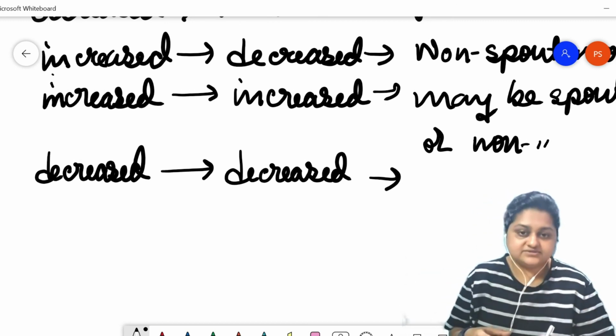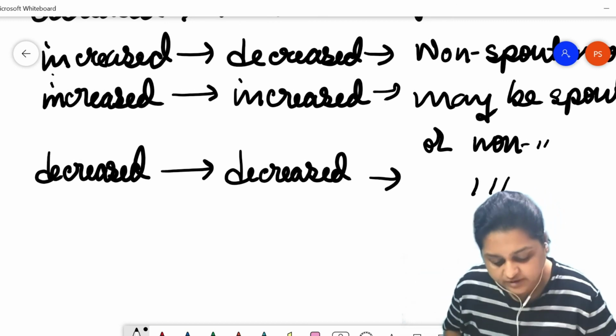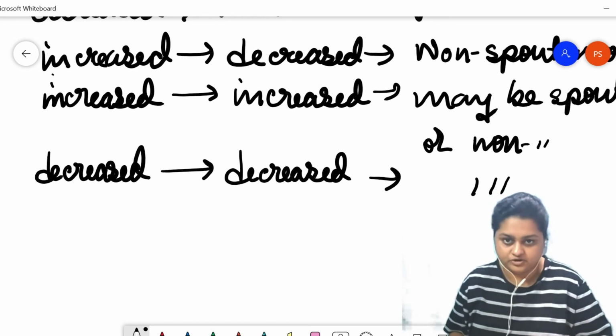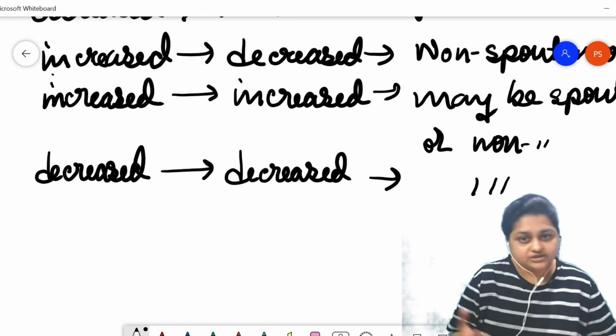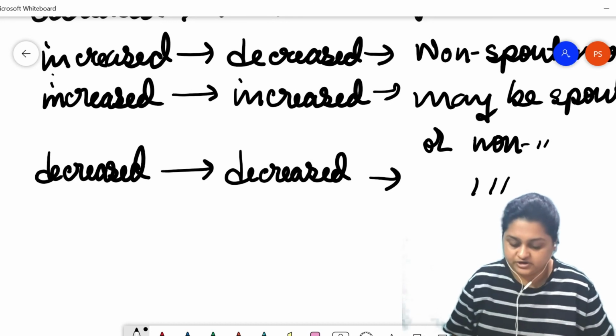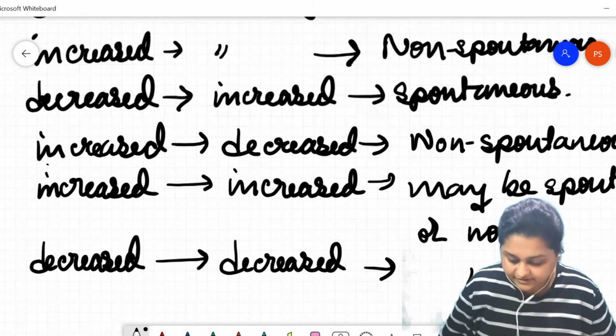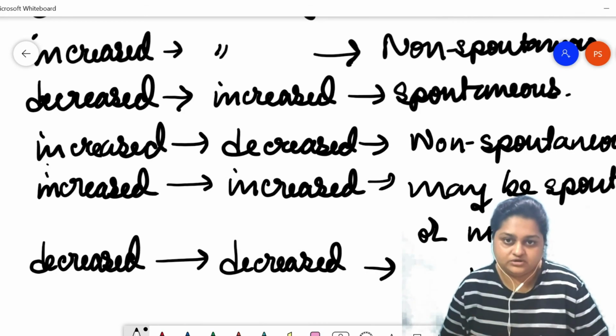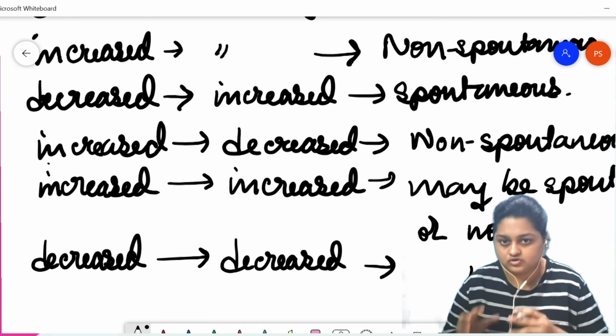So in this case also we cannot determine whether the process will be spontaneous or non-spontaneous. It can be spontaneous, or may not be. So this is the factor through which we can determine whether a process will be spontaneous or non-spontaneous.